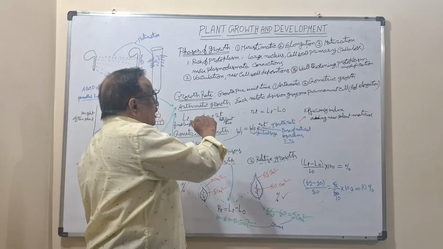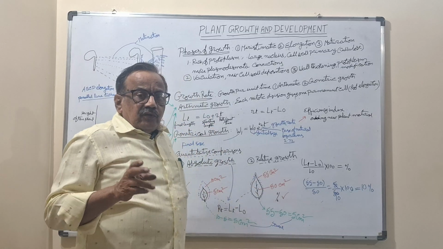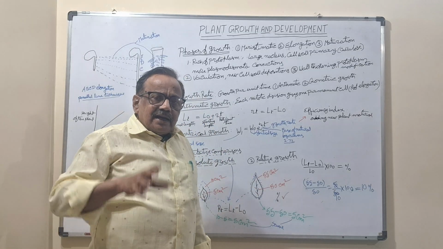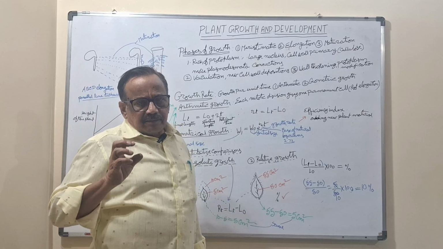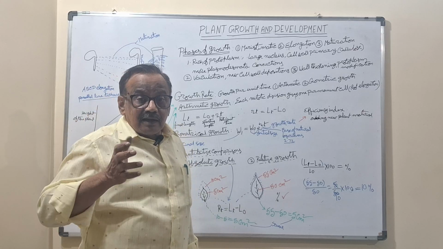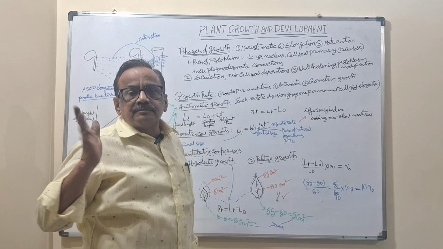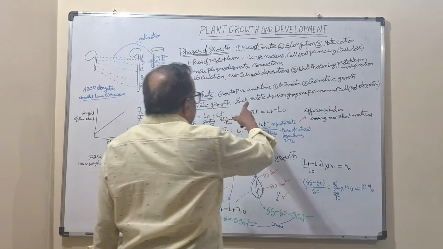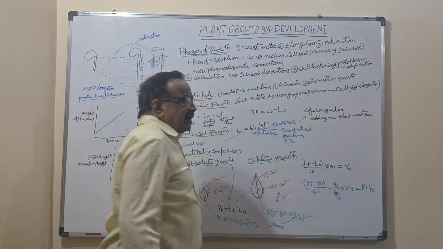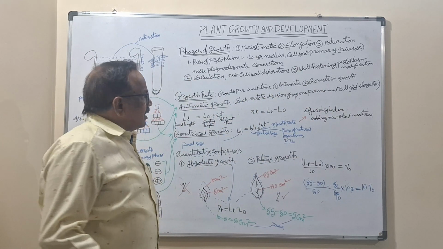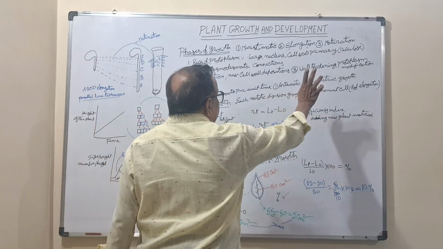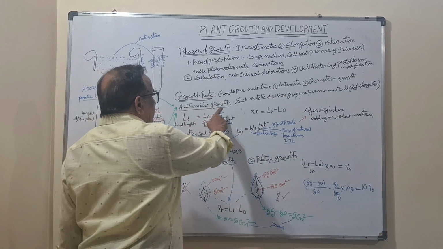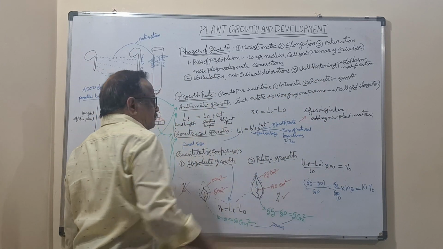So here mathematically we can see and calculate how much growth has taken place in that particular organ or the entire organism. Now whenever you are seeing, it will be measured mathematically in two ways. They are arithmetic and geometric. Arithmetic growth and geometric growth.